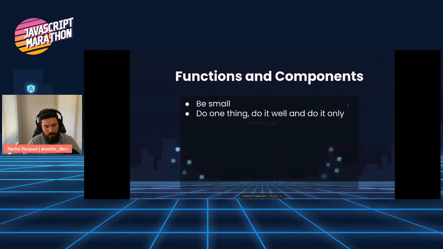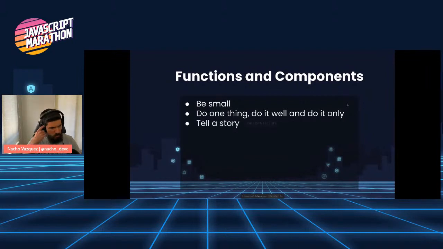And mixing levels of abstraction means that we are doing things at a lower level, like fetching endpoints, the middle level maybe is gluing a bit of stuff, and the high level is like having an overall view of everything that one component or function is doing. So if we have all these levels mixed up, we should try to separate and have different components, different functions to get to that place.